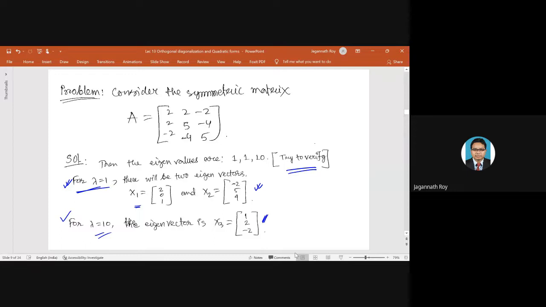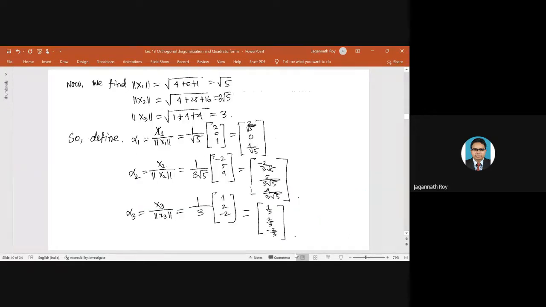Now, try to verify whether x1 dot x2 equals x2 dot x3 equals x3 dot x1, whether this is 0.